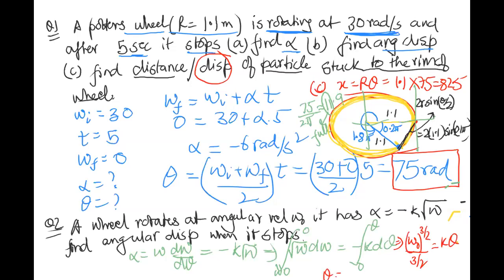So theta is equal to 2 omega naught to the 3 by 2 divided by 3k. Extremely simple calculus, variable acceleration problem, right?